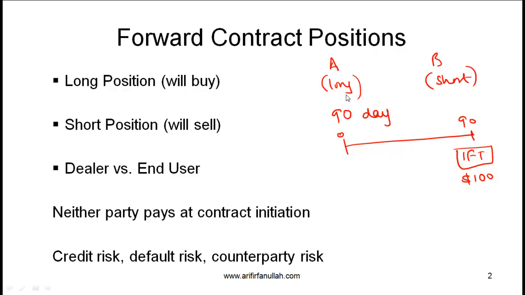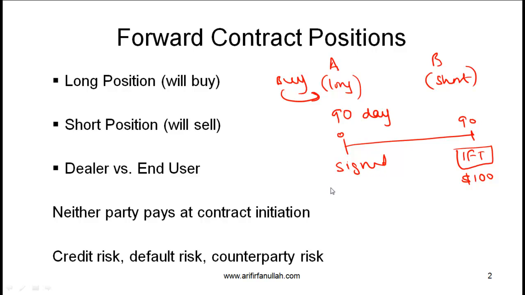Now, the long party is the party that is making a commitment to buy. So remember, long means the party is committing to buy, and party B, which is short, is making a commitment to sell. In a forward contract, the contract is signed at time 0, but no money changes hands at time 0.